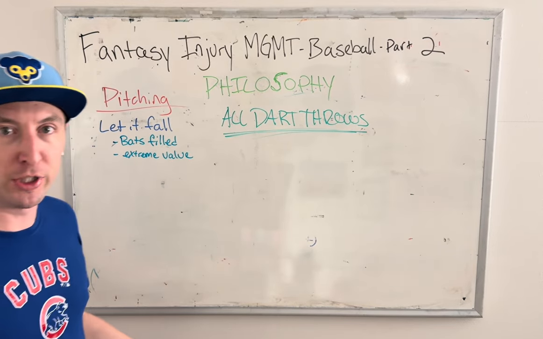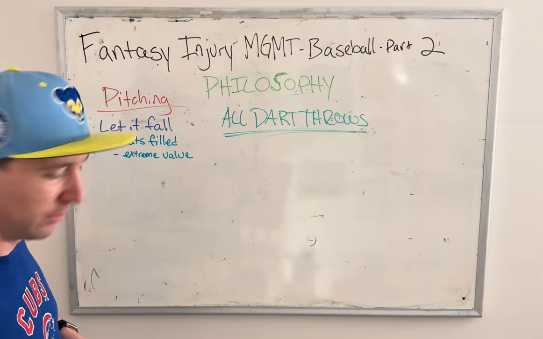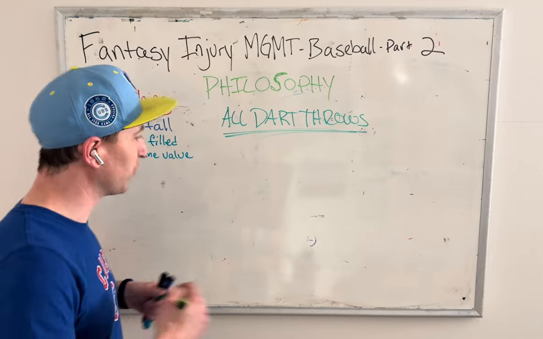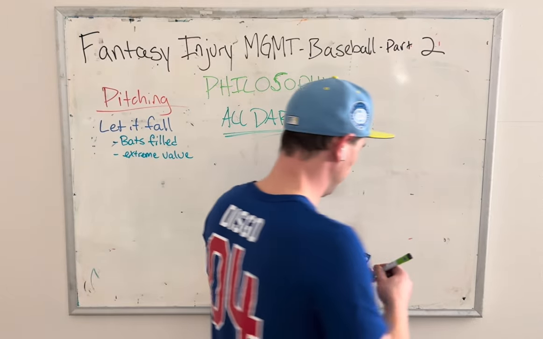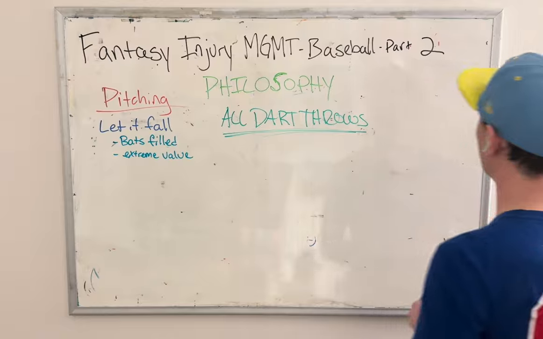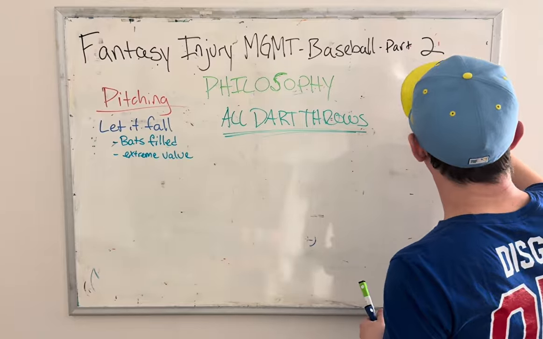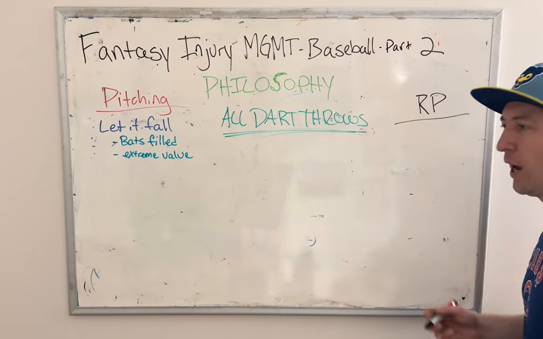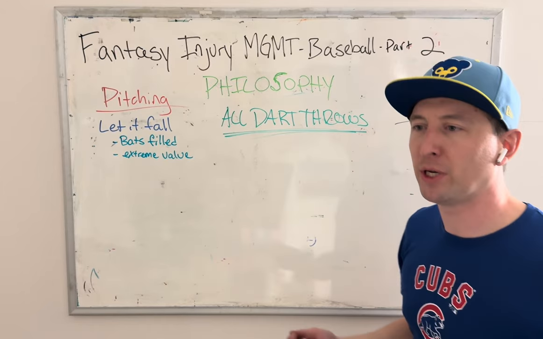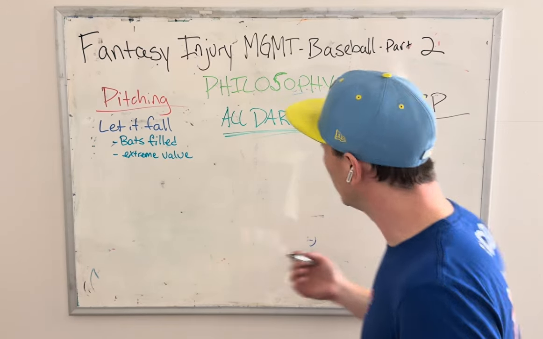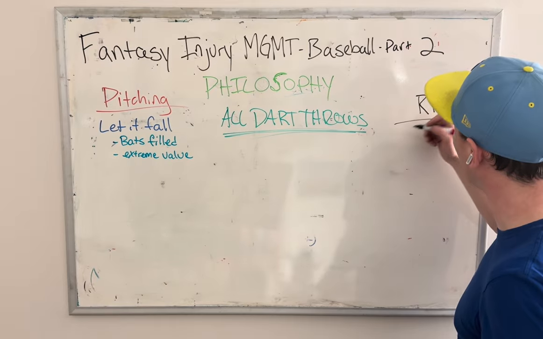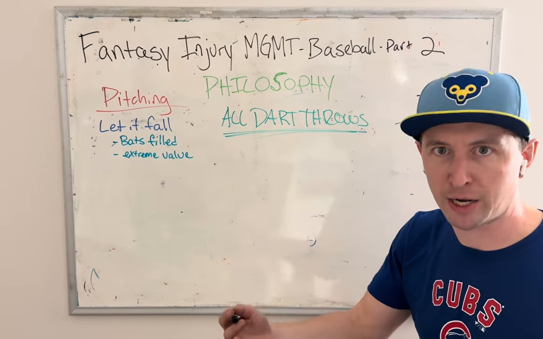And relief pitchers, honestly, when it comes to relief pitching, generally I wait on it. What I generally do is I try to wait on it and pick up an entire pen, right?